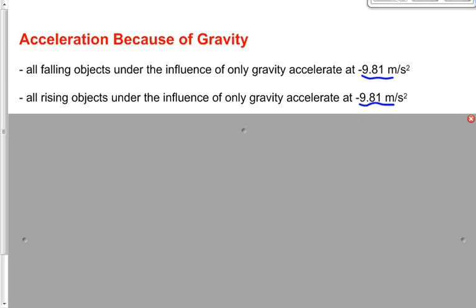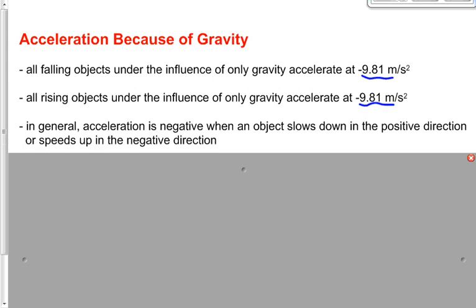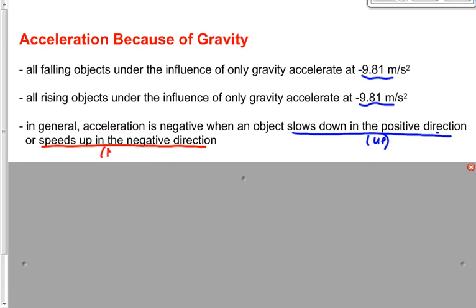Whether it's rising up or falling down, it accelerates downward at a rate of negative 9.81 meters per second squared. Okay, in general, acceleration is negative when an object slows down in the positive direction. That's when the object is going up, right? Or when it speeds up in the negative direction. That's when the object is falling down.